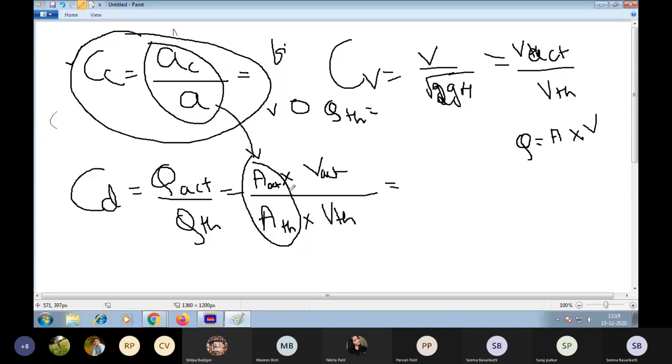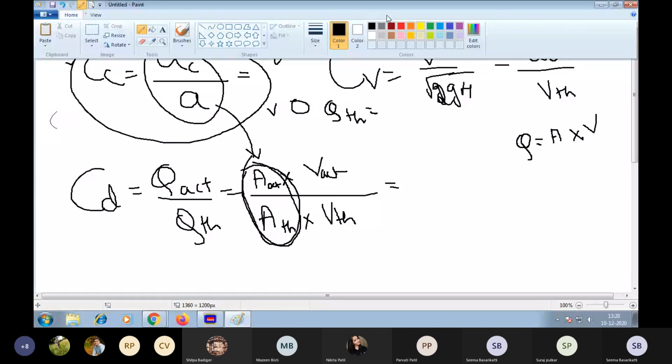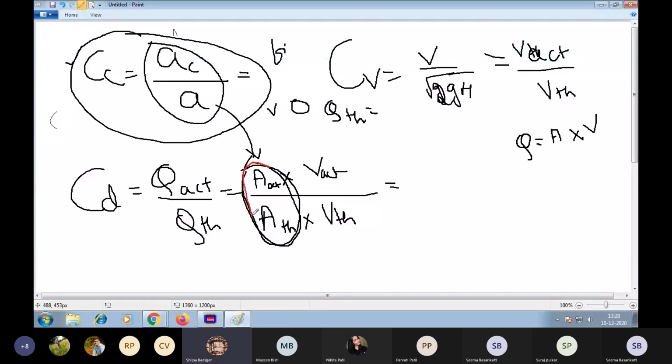This ratio, what is that ratio called? Coefficient of contraction. Coefficient of contraction multiplied by, what is actual velocity by theoretical velocity? Coefficient of velocity.